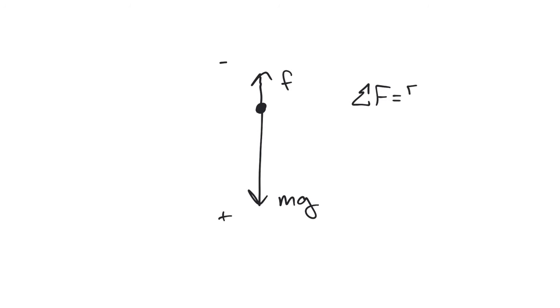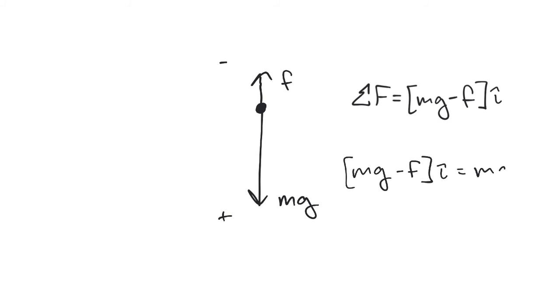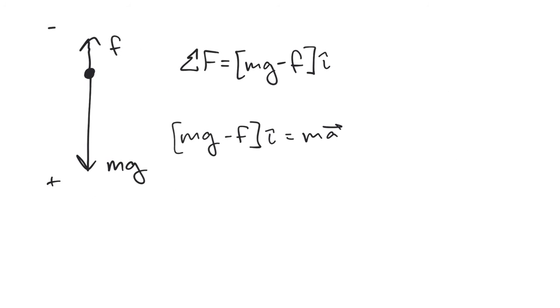So that's going to be mg minus little f in the i hat direction, and we can say that equals our mass times acceleration. But we can do a little bit of substitution, and I'm going to move everything over so I have some more space. We have mg minus, and we're going to say this is case one, where the object is moving slowly, not at high speeds.